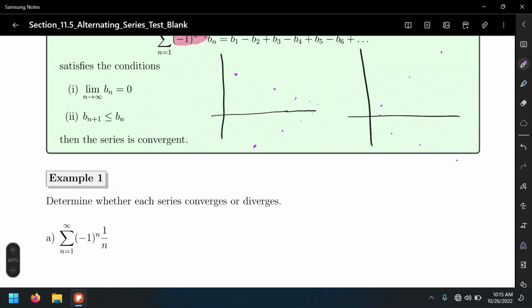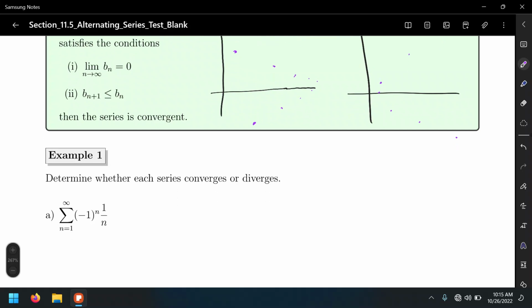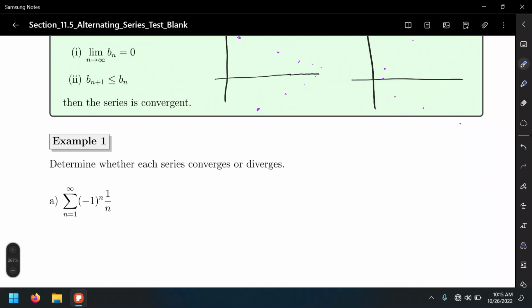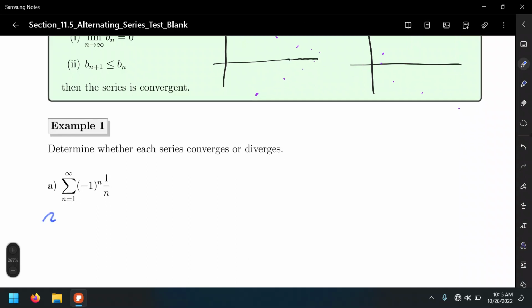So let's have a look at a couple of examples. Let's look at sigma n equals 1 to infinity, negative 1 to the n, 1 over n. Let's check both conditions. For the first condition, does the limit of b sub n as n approaches infinity equal 0?